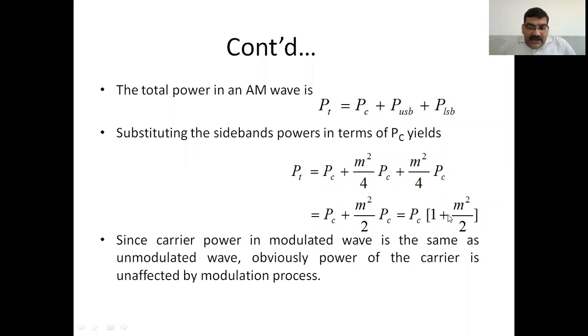So if you want to calculate the entire power content in the modulated signal, you require the carrier power, which you can calculate from the carrier voltage, and you require the modulation index. It always depends on the modulation. The carrier power in the modulated wave is the same as in the unmodulated wave.